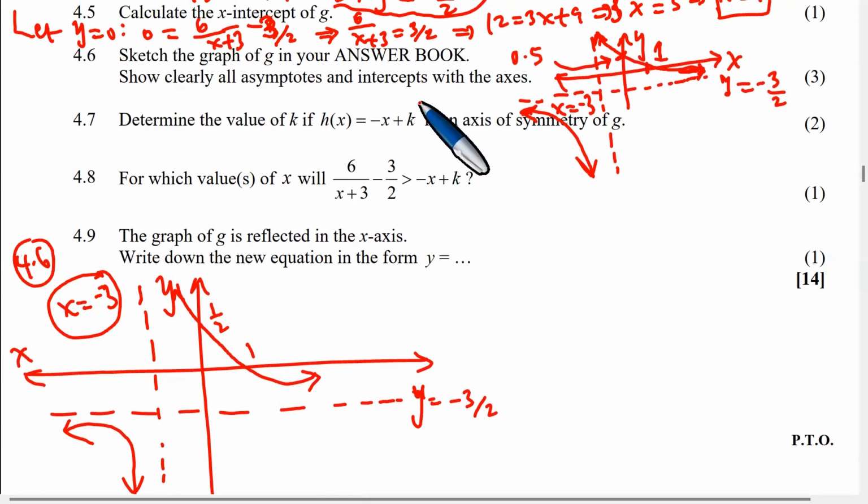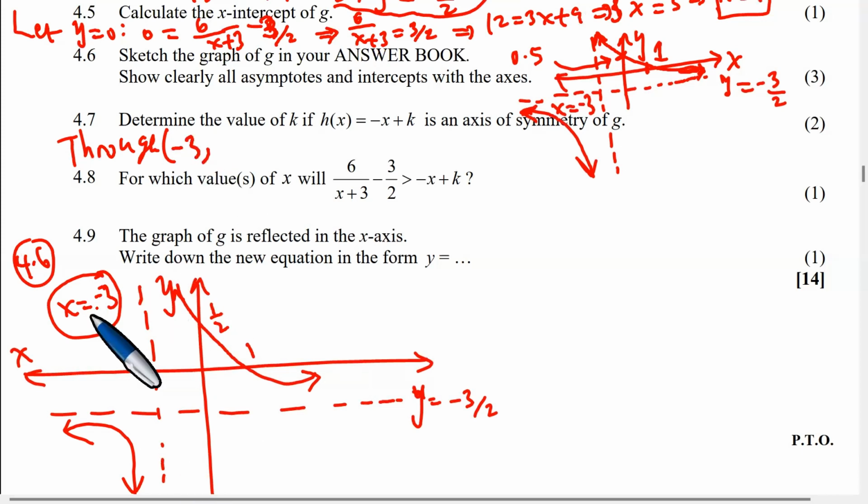They said sketch a graph and show all intercepts with the axes and the asymptotes. Determine the value of K if this line is an axis of symmetry. The axis of symmetry passes through the point of intersection of the asymptotes.